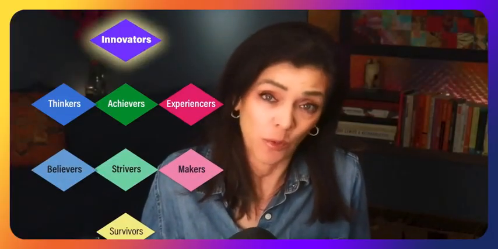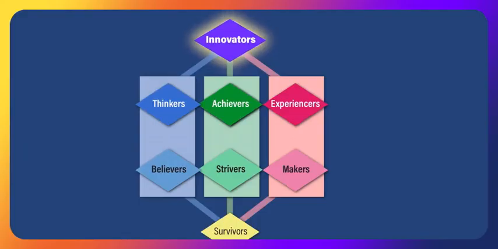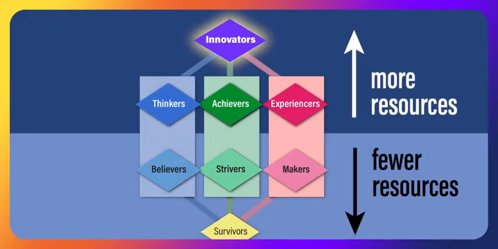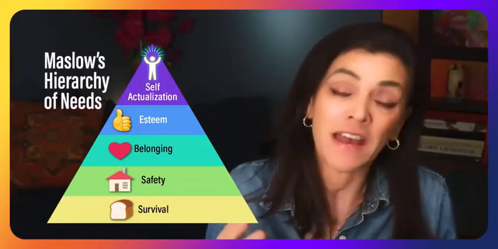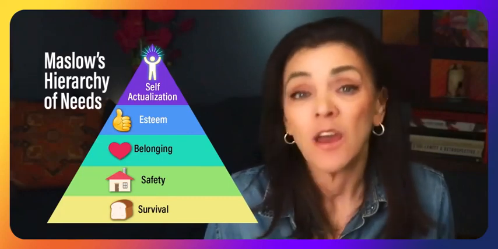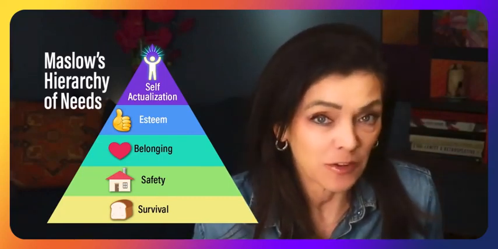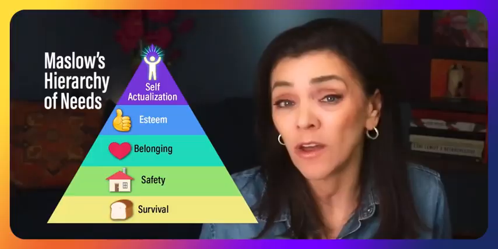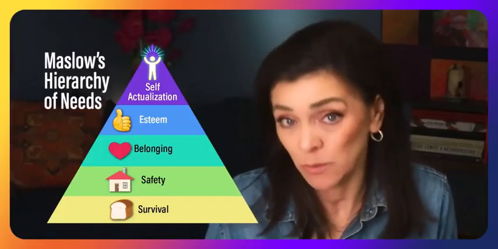Additionally, the VALs model includes 8 subtypes or roles, organized along these paths and adding the dimension of resources and skills. And I want to note that this entire model is built on top of Maslow's hierarchy of needs, which is one of the best established and most widely cited models for understanding human motivation.